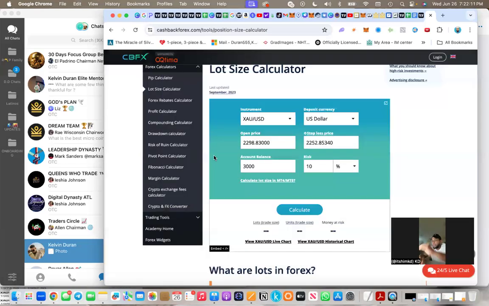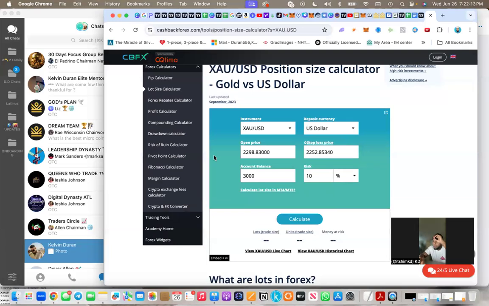Right here, XAU versus USD, right? Now, this is also gonna ask you, what's the deposit currency, which is US dollar.